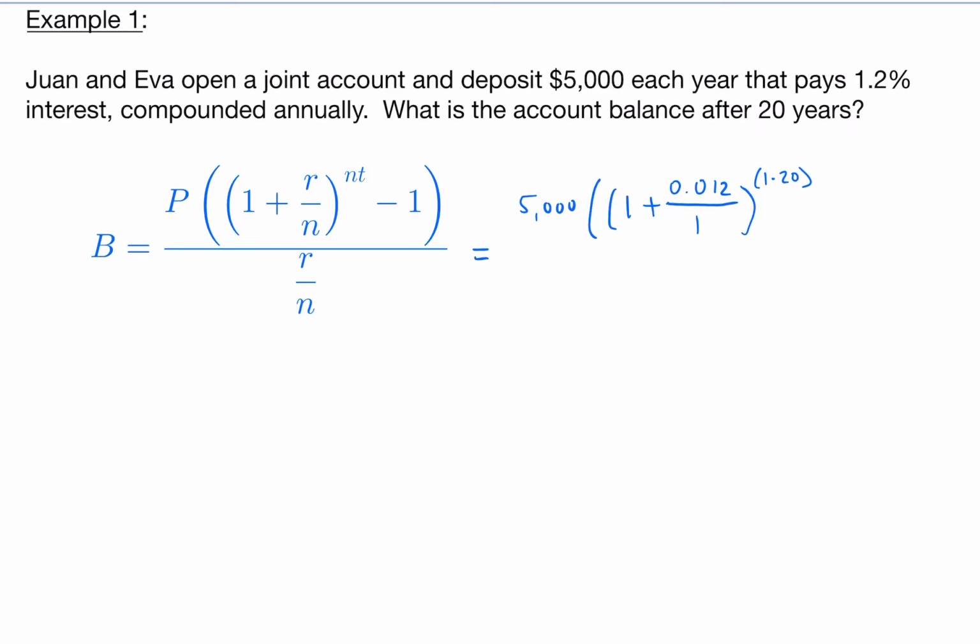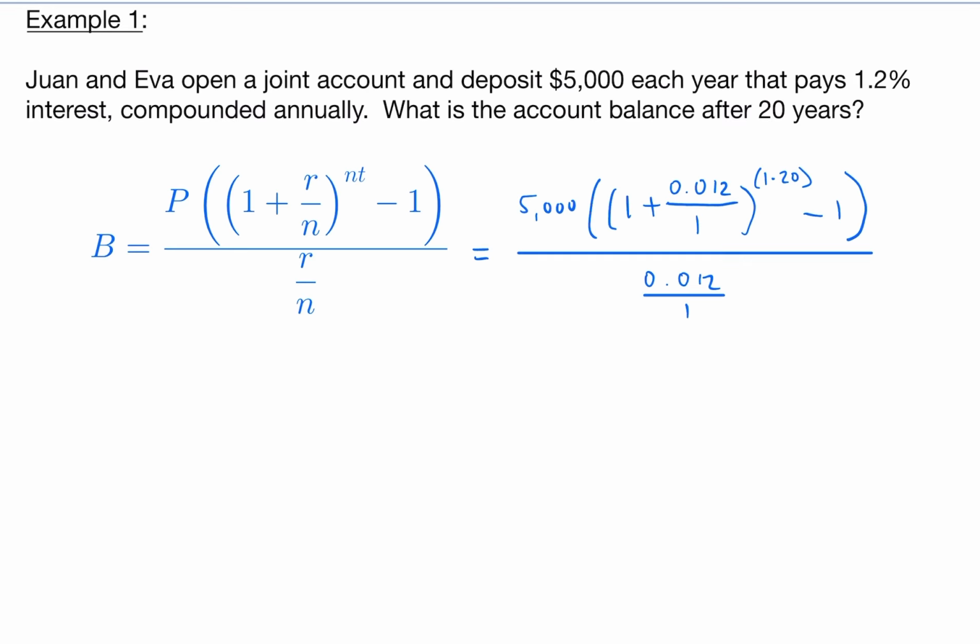That's 20. And we're going to subtract 1, and that will be divided by the rate, which is 0.012, divided by the compounding frequency, which is 1.